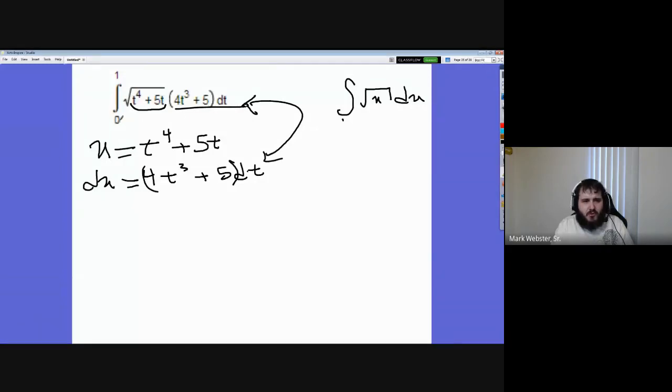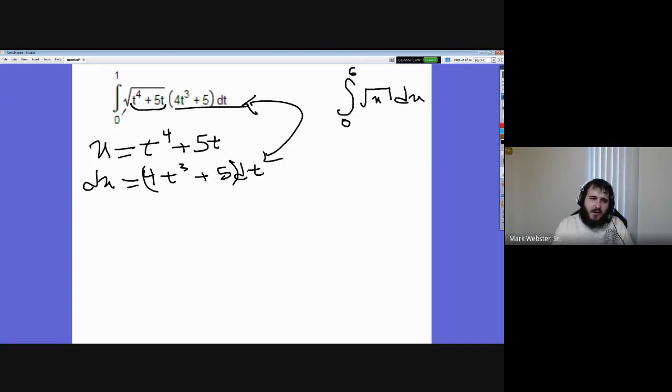We can change these limits, because these are in terms of t, right? T equals 0 to t equals 1. Well, if t is 0, what's u at that spot? What's 0 to the 4th plus 5 times 0? And that's still 0. What about 1? What's 1 to the 4th plus 5 times 1? 1 plus 5 is 6.